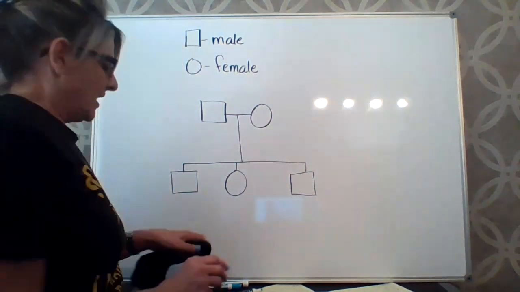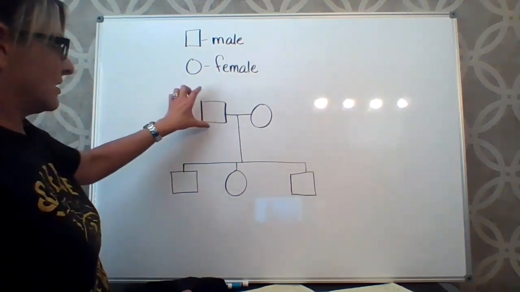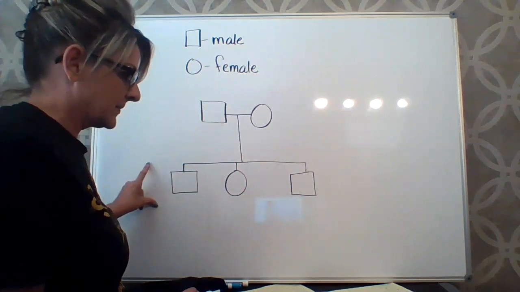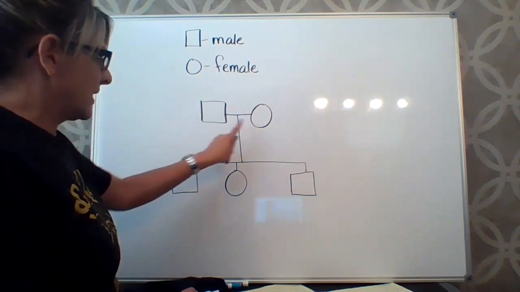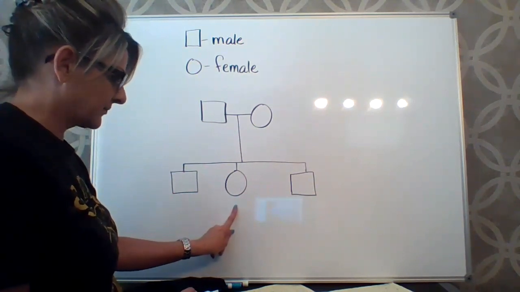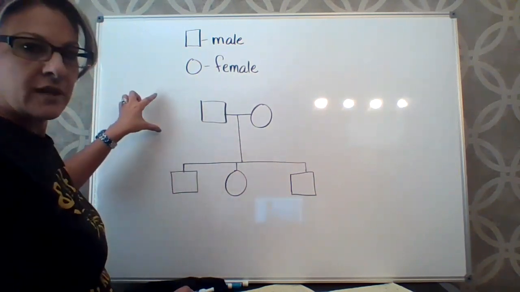Okay, so now we have our husband and wife, or our mom and dad, and their three children. So we know man, woman, brother, and sister. Okay, so each generation on its own line.